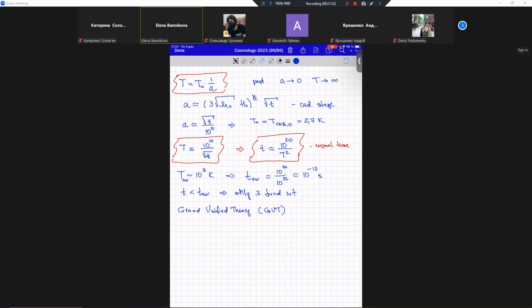It is suggested that for the grand unified theory, the energy which corresponds to this theory is approximately 10^12, 10^13 tera electron volts. It means that when we reach this energy, the strong and electroweak interactions join together and represent one interaction.